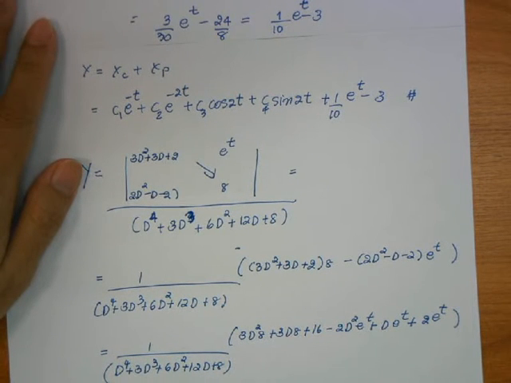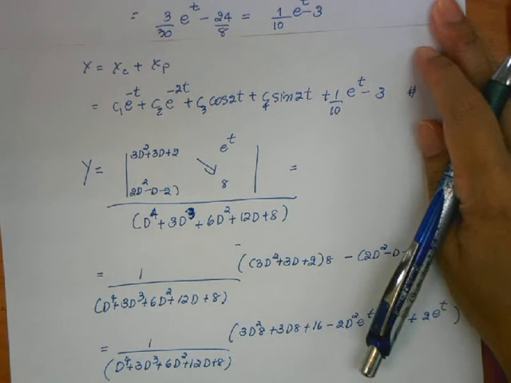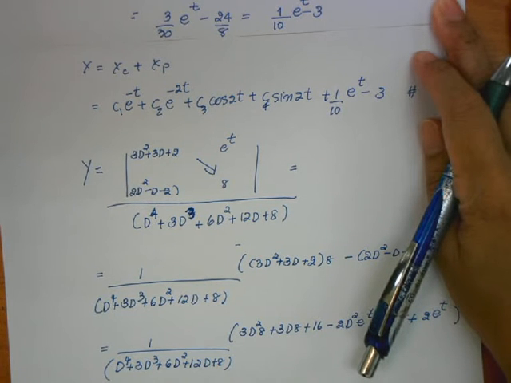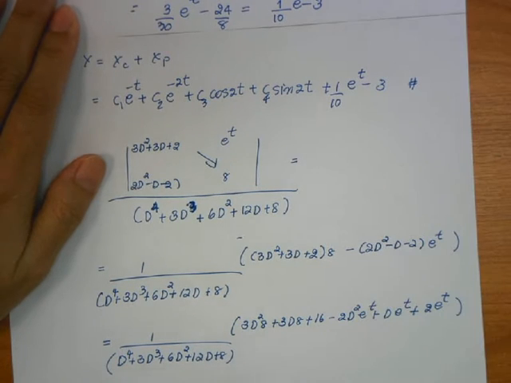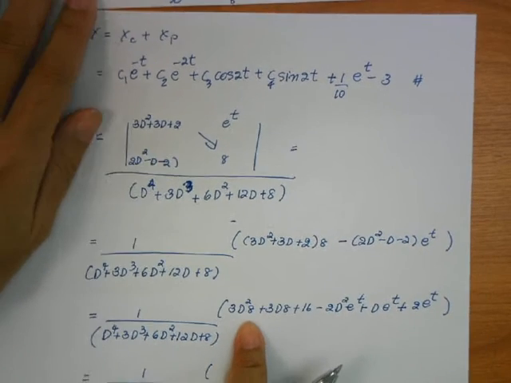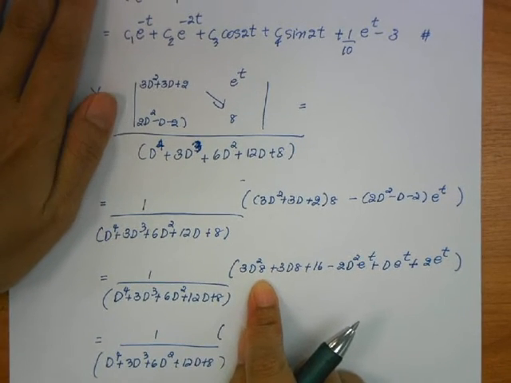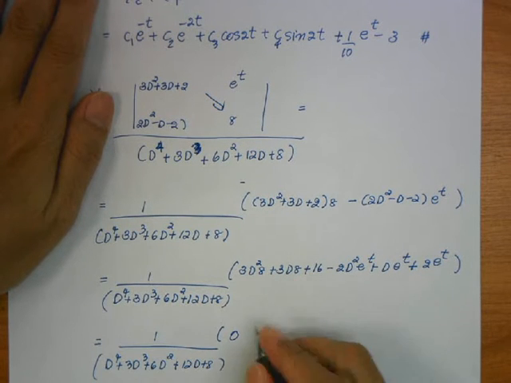Then the second derivative of 8 is equal to 0. First derivative of 8 equal to 0.